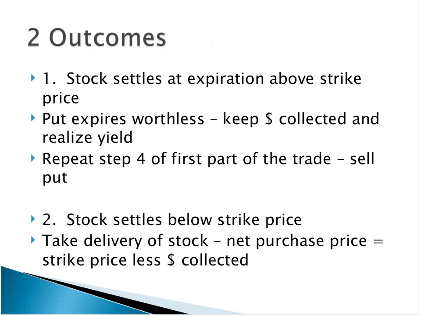So if I sell that 70 put in this example and the stock settles at 75, well, that put's going to go out worthless, because the owner will not exercise his right to sell that stock at 70 when the stock is trading 75. So the put goes out worthless. I keep whatever I sold it for, I keep that money, and I collect that yield, if you want to use that calculation. I realize the yield.